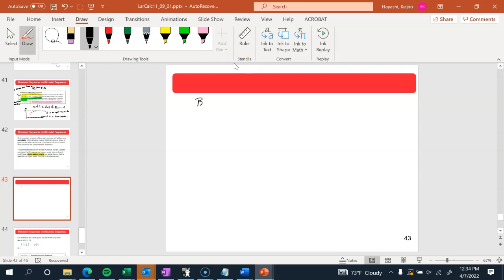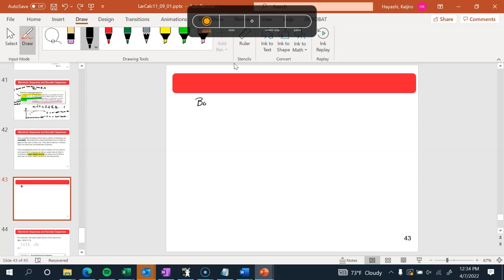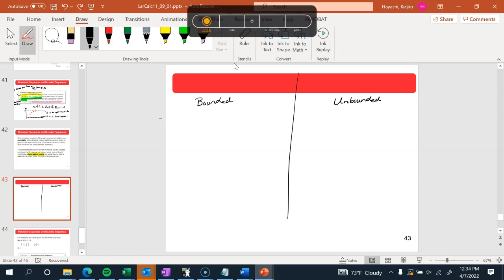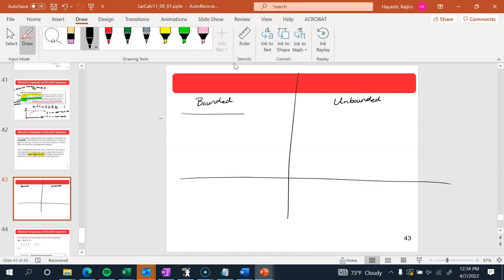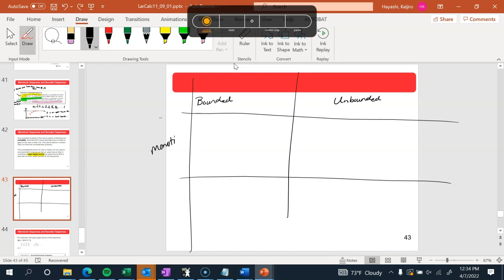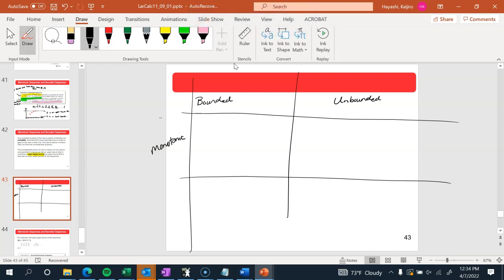So for example, there are sequences that are all sorts of combinations of these two properties. So don't think that just because something is bounded it must be monotonic.